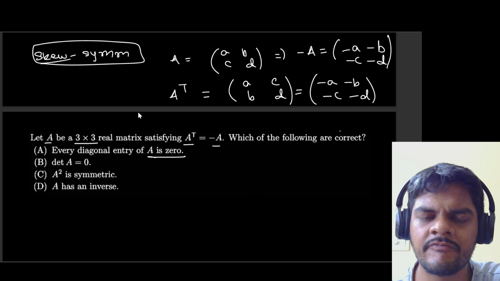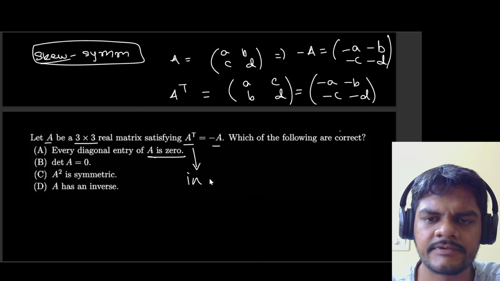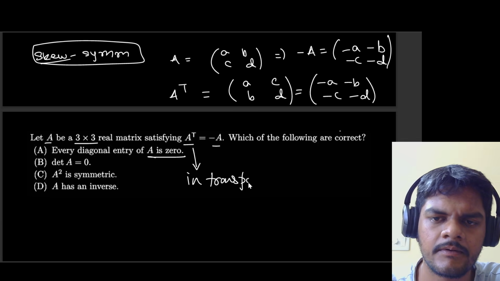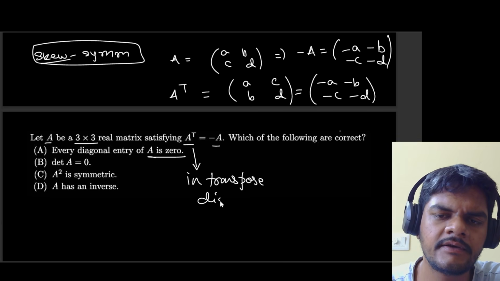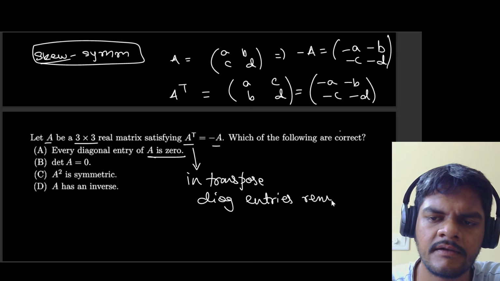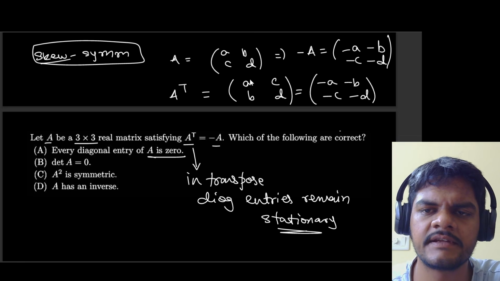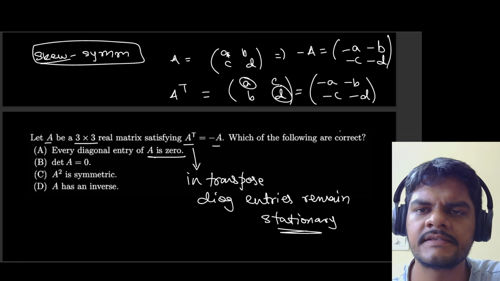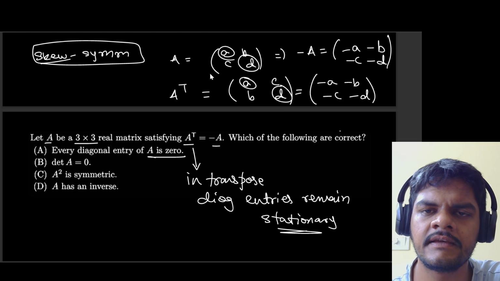And you'll see that when you transpose, diagonal entries remain stationary. That means they don't change. The diagonal entry a and d is the same as the diagonal entry in A also.